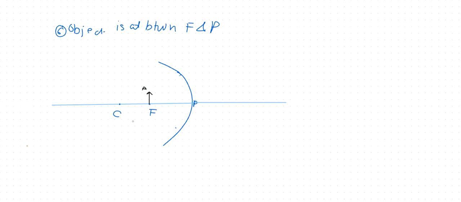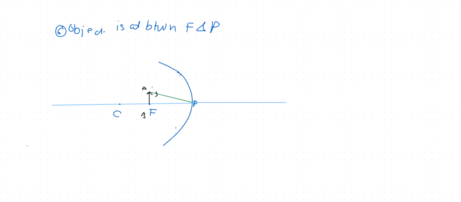Now, what are the incident rays we'll take from here? Let's say the first ray hits the pole. But my first incident ray would be this one, that is oblique to the mirror. Remember, that was rule number 4. So I take this here and let's name it I1.